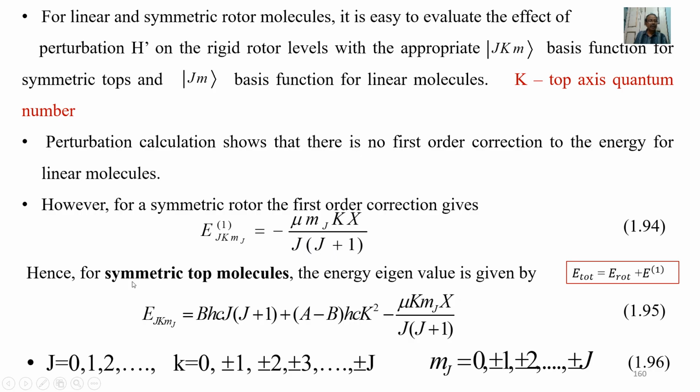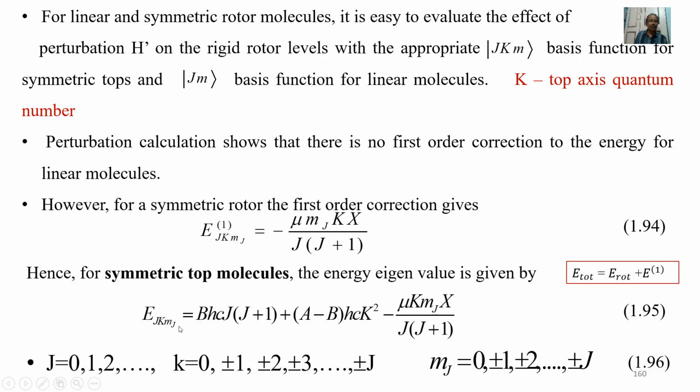Hence, we are now going to discuss the Stark effect for symmetric top molecules. We know that E total equals the rotational energy plus the first order correction energy, which is given as equation 1.95.